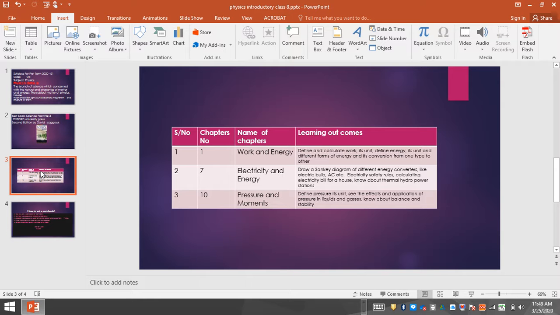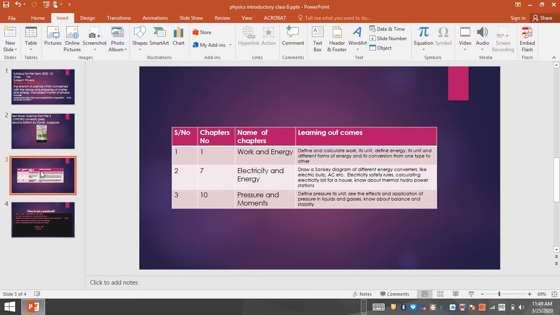Now, topics like work and energy. After studying this chapter, you will be able to define and calculate work. Up till now, you do not know what is work. So here you will come to know what is work and how we can calculate work. What are the units of work?